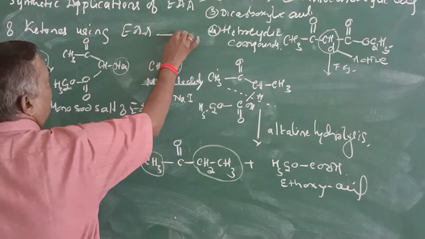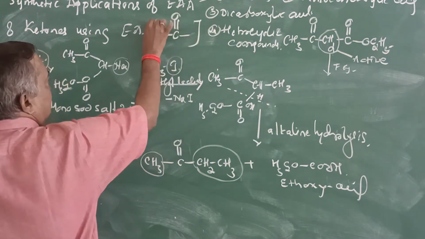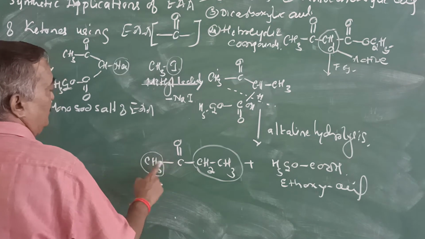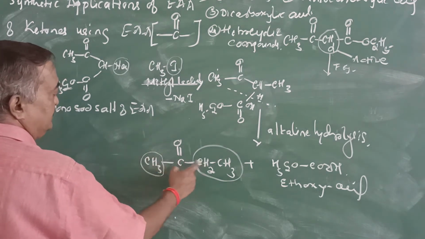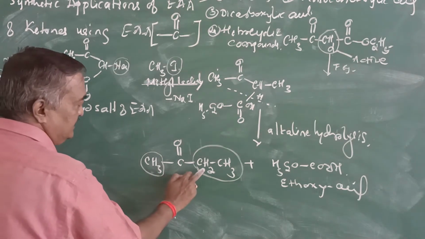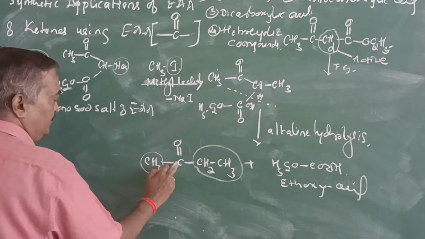The ketones are compounds having only this typical structure, C double bond O. This is the ketonic group. The ketones are compounds containing a carbonyl group, and the two valencies are satisfied by alkyl groups or aryl groups. So you have here CH3 and C2H5.